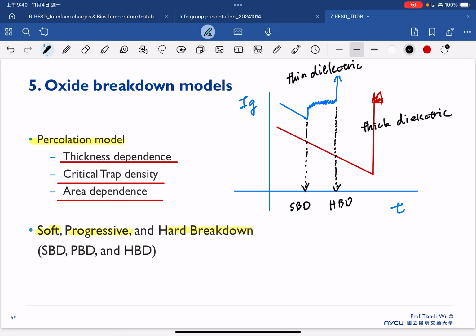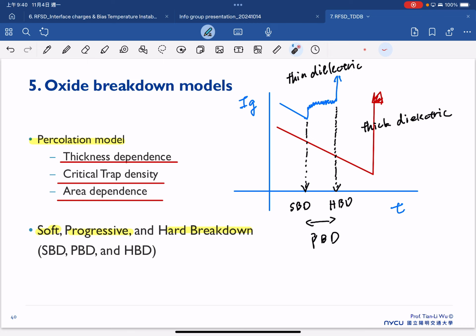In between the soft breakdown and the hard breakdown, we call it progressive breakdown, because during this period the breakdown goes gradually, progressively from soft breakdown to hard breakdown.